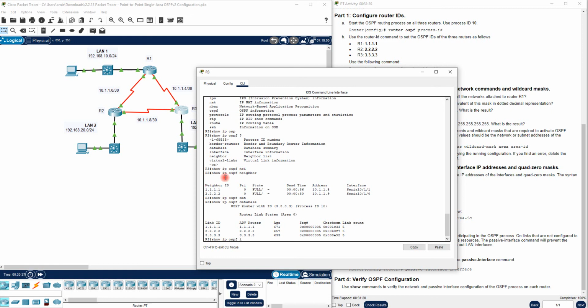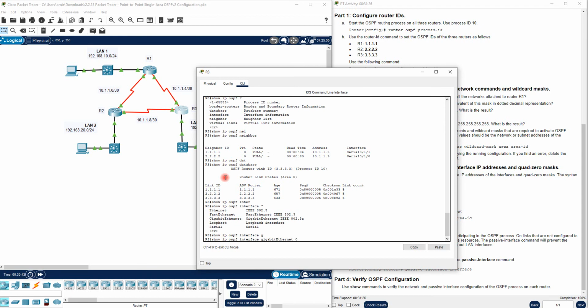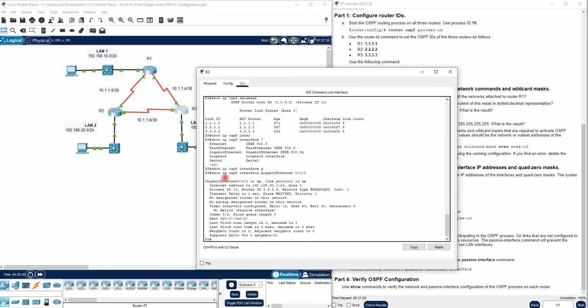Also you can see interface, for example gigabit 0/0/0, and you can collect and gather a lot of information about adjacency and router ID. And also we have 5 packet types here. You can see hello packet, DBD packet, and so on.